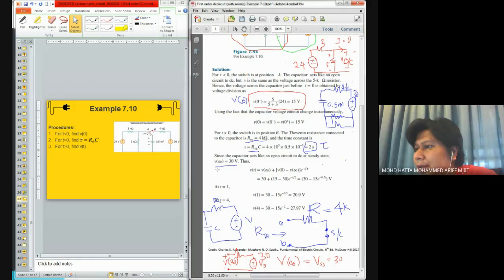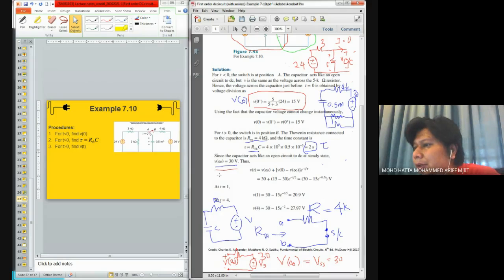So that's why it says V infinity equals 30 volts. It's not just saying this 30 volt equals this voltage; it is because of this kind of circuit arrangement.